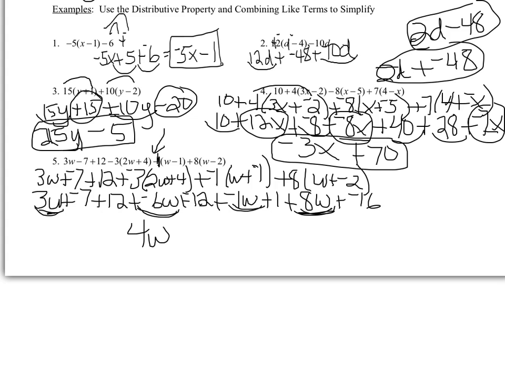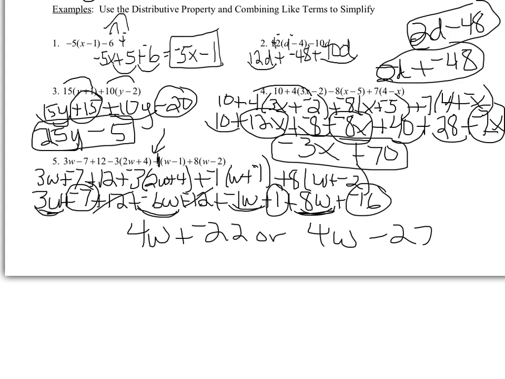And then look at my constants. Well, what's nice here is I have a plus 12 and plus a negative 12. Those are opposites, so they will cancel each other. So then what I have left is a negative 7, a 1, and a negative 16. So negative 7 plus 1 would be a negative 6, plus negative 16 would be a negative 22. Or you could write it as 4w minus 22.